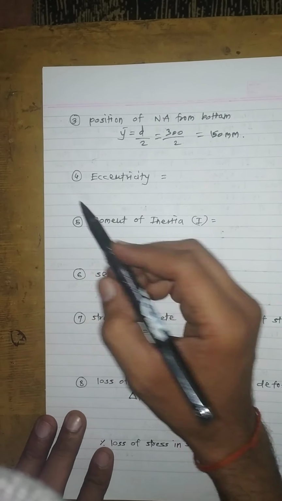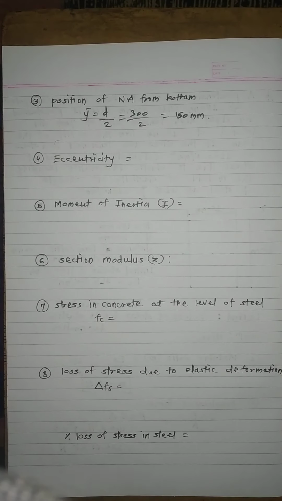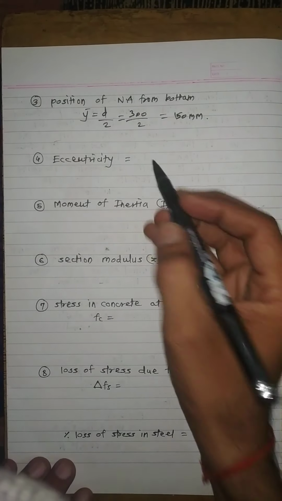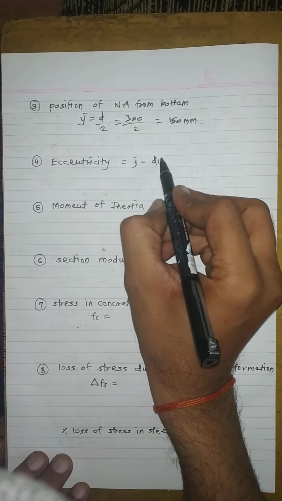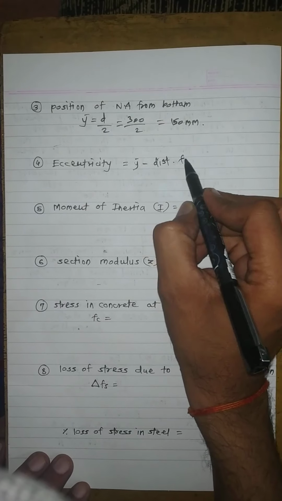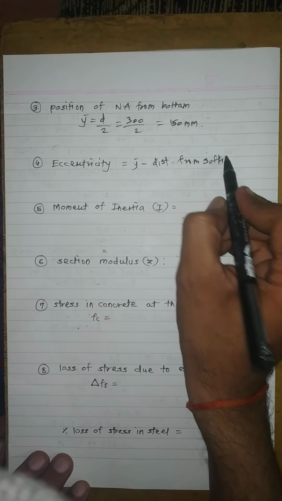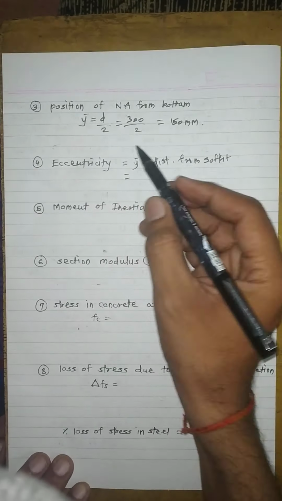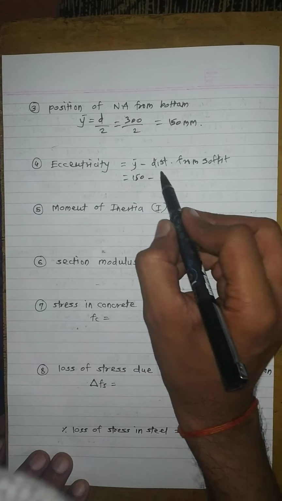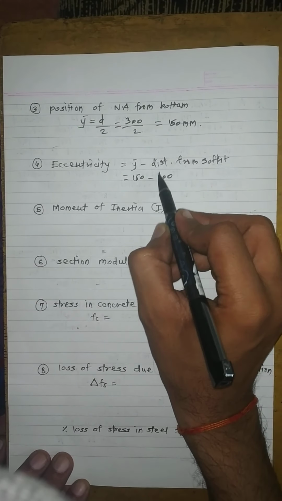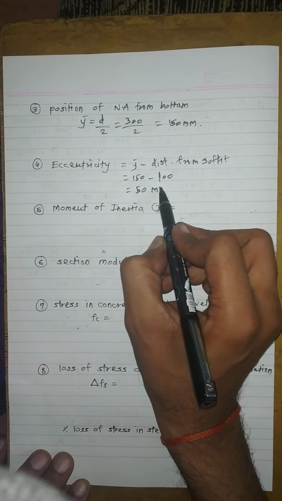Then step number 4, to find the eccentricity. Eccentricity equals y bar minus distance from soffit. Y bar we already found in step 3, which is 150, and the distance from soffit is given in the problem, which is 100. So eccentricity equals 50 mm.